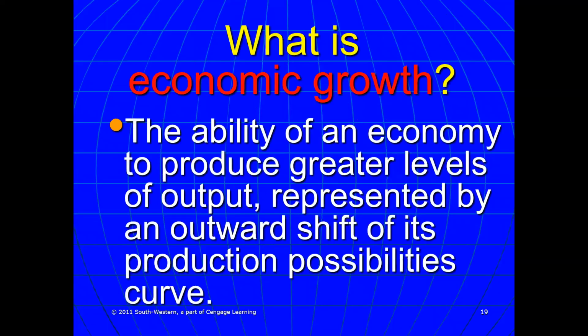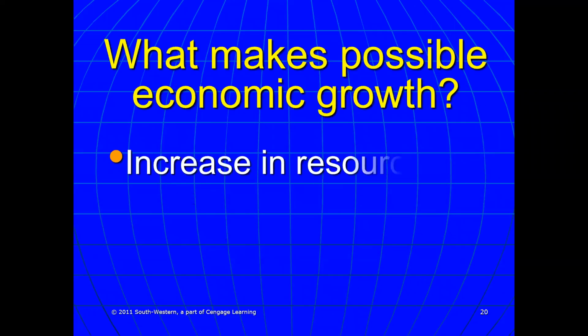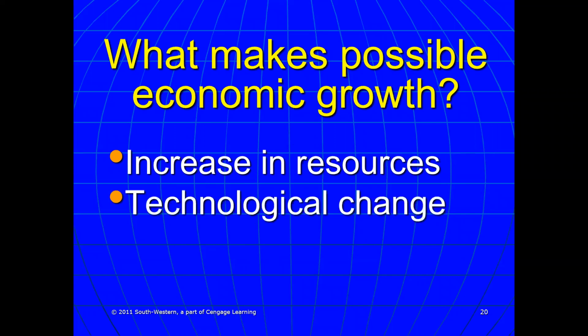Economic growth. How do we get to a point outside to the right of the curve? When I mentioned that green line shifting to the right, that is representative of economic growth. How can that happen? If we get more workers, if we expand our building. So remember, our resources are land, labor, and capital.